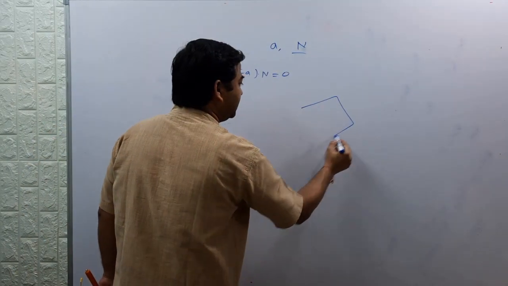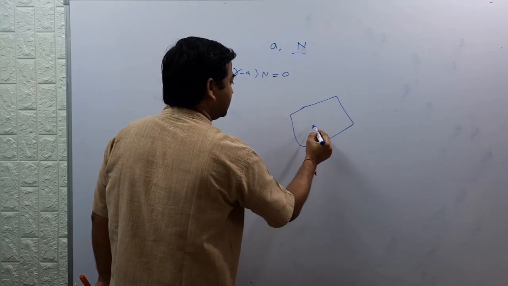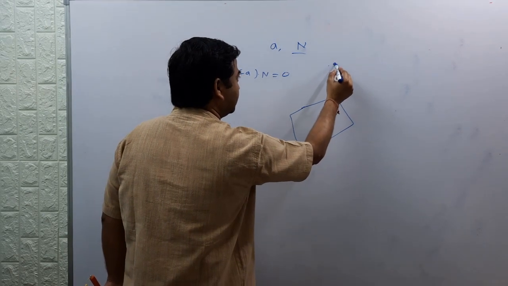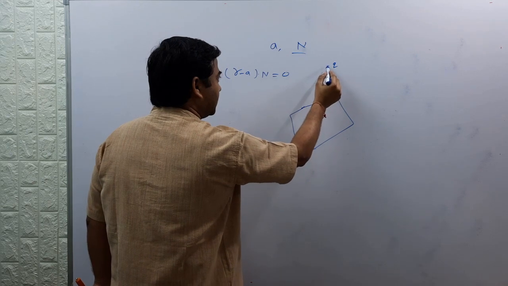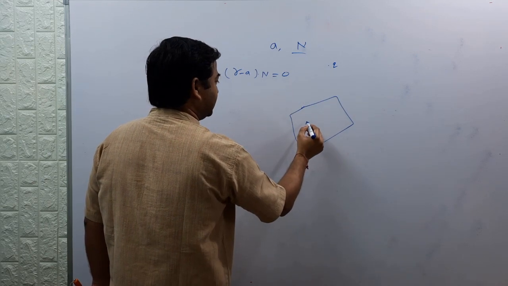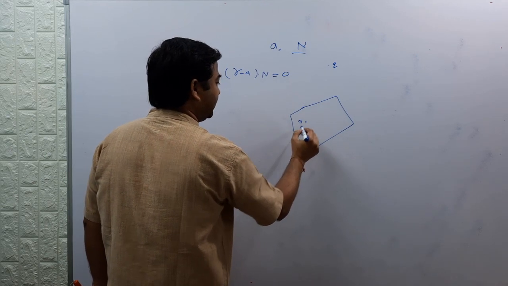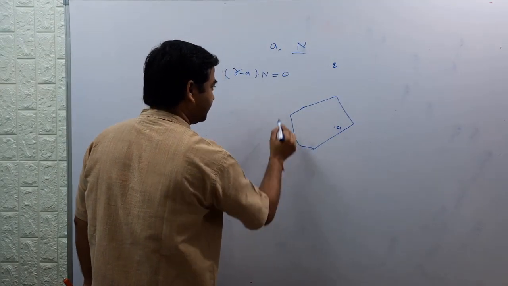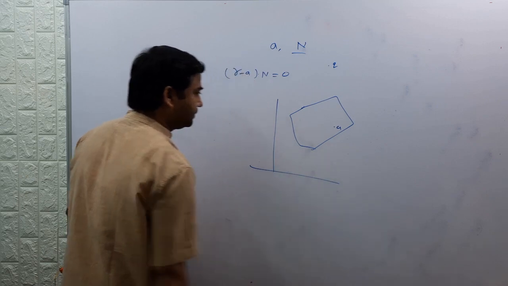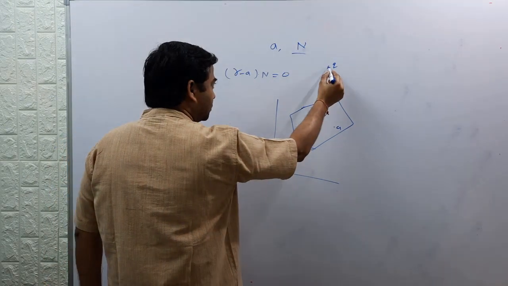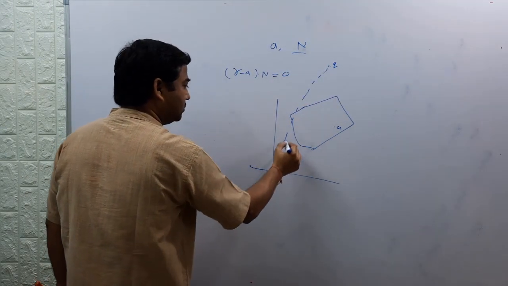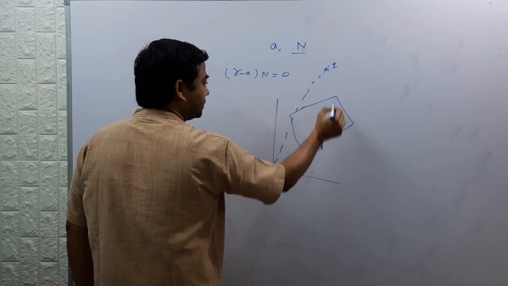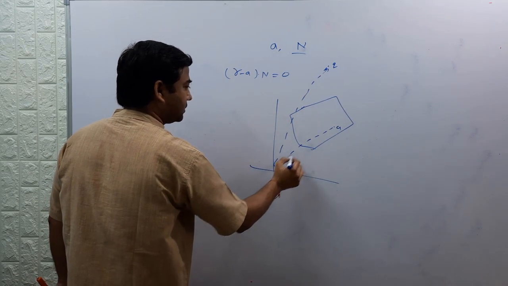So let there be a plane, there is point Q. The plane passes through point A. Let us represent point A here, and this is the coordinate system. So this is vector q, and this is vector a.